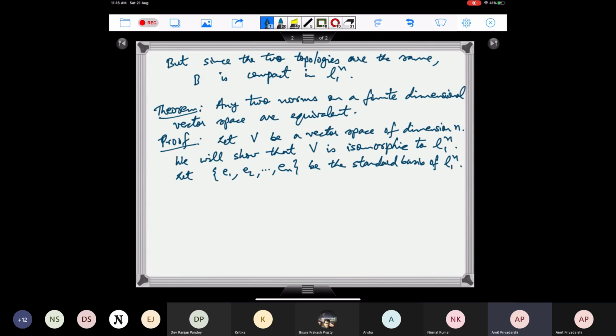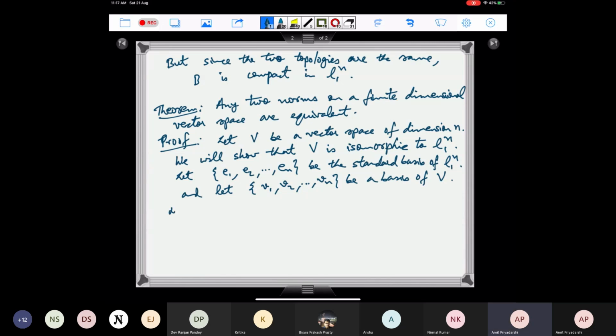You take the standard basis, and let V1, V2, ..., Vn be a basis of V.